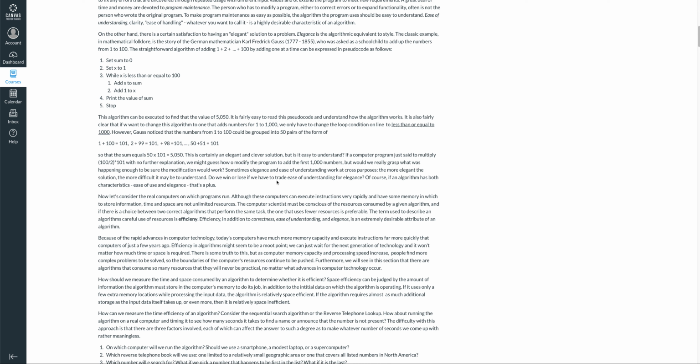Now, an efficient algorithm is like the benchmark on the system to compare it to other things. The way we measure efficiency is time and space. When it comes to space, you want to make your algorithm shorter and more concise so it doesn't take up as much space.